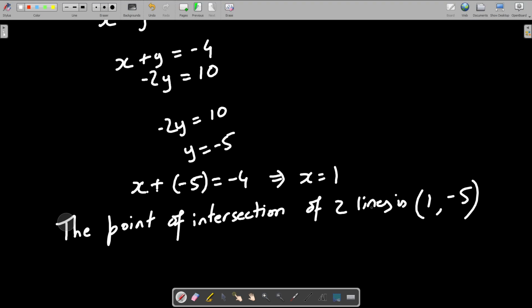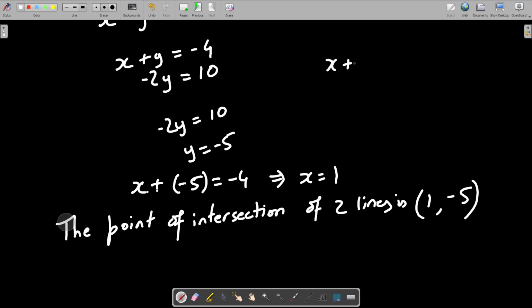By the way, in 10th standard you will have learned how to solve these equations, no? What you will be actually doing over there is finding the point of intersection of those two lines. Whatever you all did in 10th standard, solving a system of equations, you were finding the point of intersection of two lines.